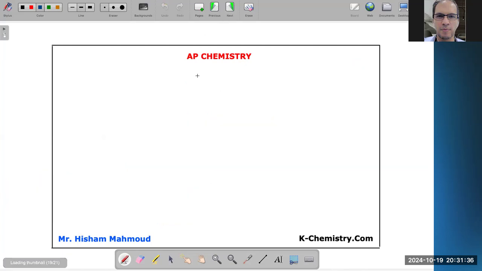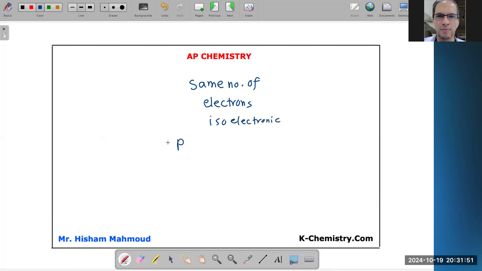Again, when you are comparing species that have the same number of electrons, meaning isoelectronic, you have to compare the number of protons. The one with the most protons will be the smallest, like Al3 plus, and the one with the fewest protons will have the least attraction, so it will have the biggest size, like we said, the nitride ion.